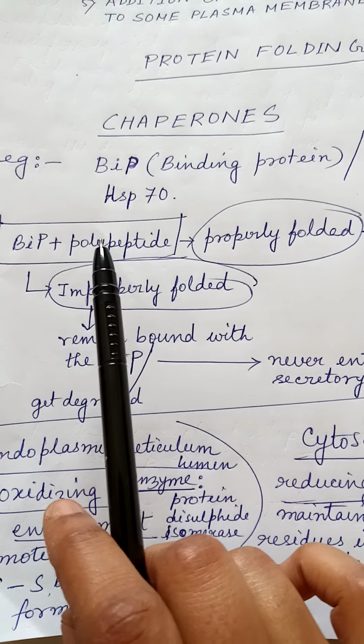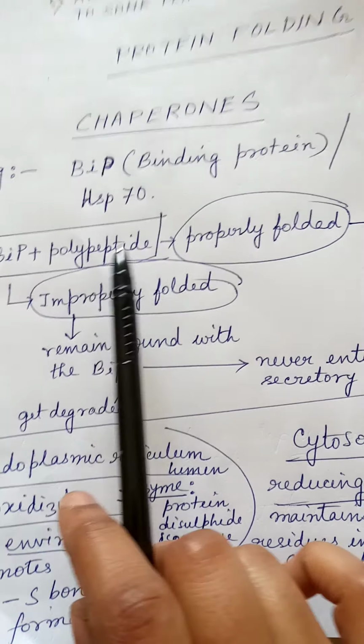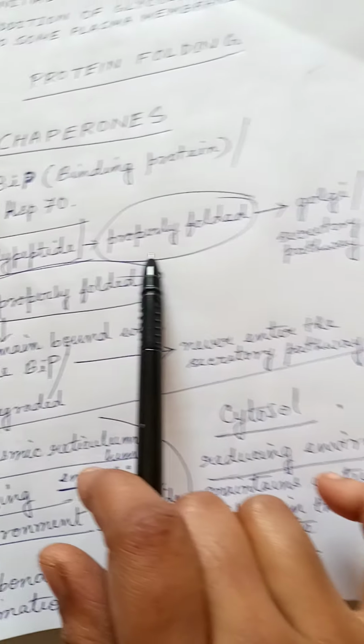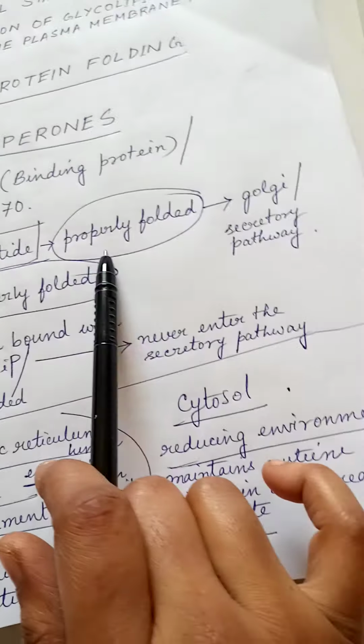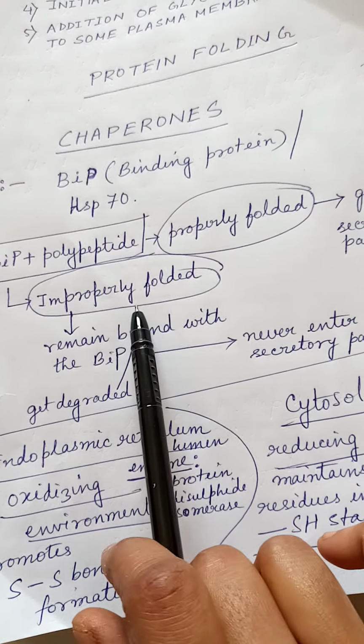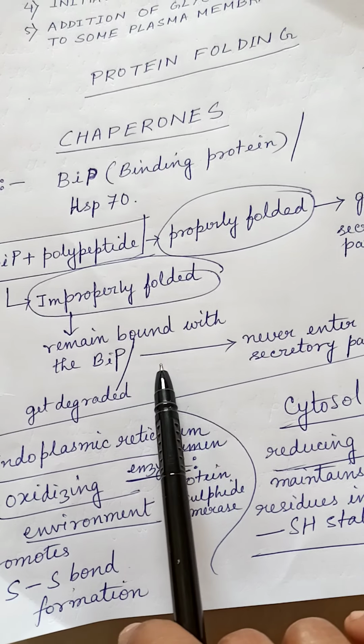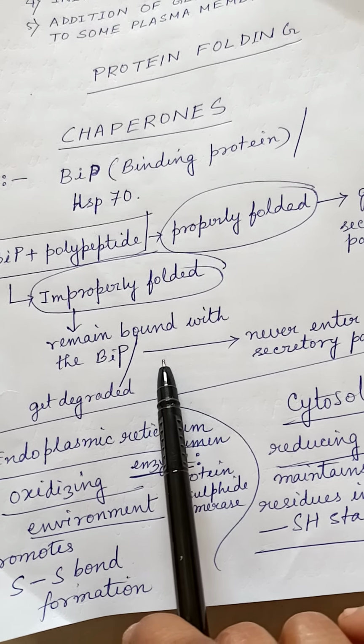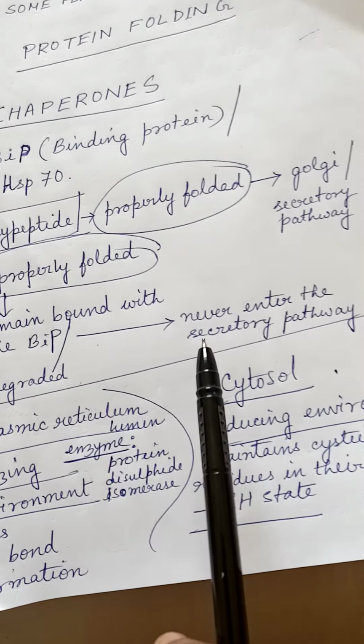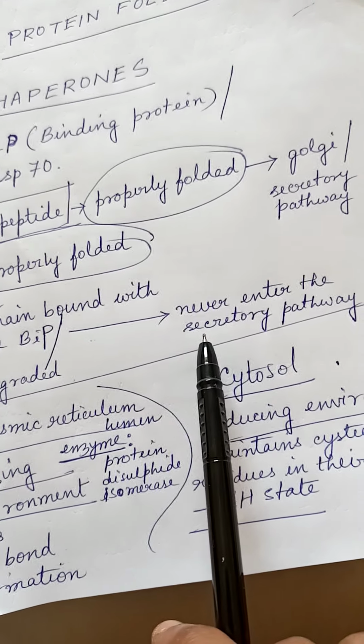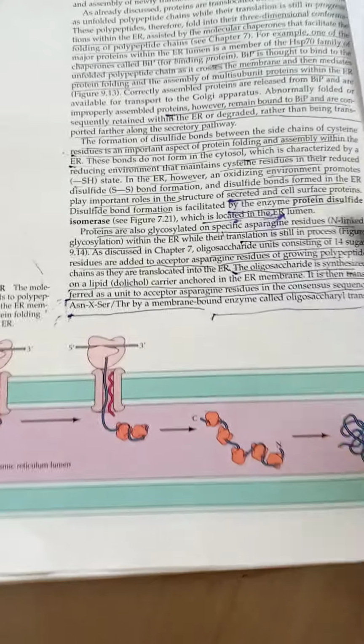So the binding protein attaches with the polypeptide, and if the protein is properly folded, then it will move to the Golgi via the secretory pathway. And if it is improperly folded, it will remain bound to the BIP and will get degraded but will never enter the secretory pathway.